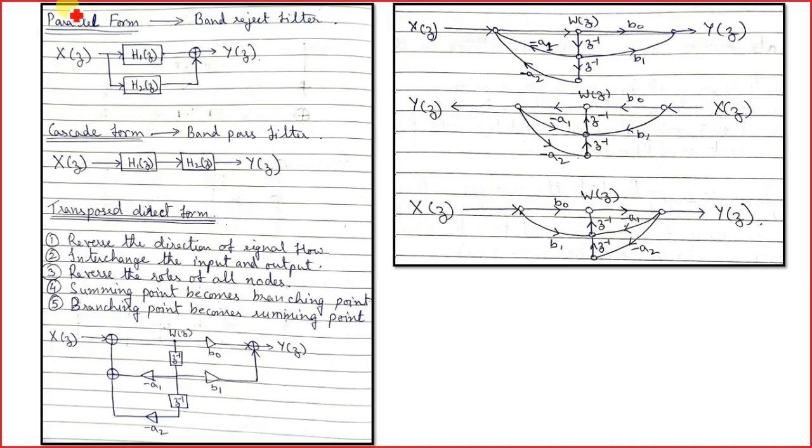Then comes the parallel form realization. In the parallel form realization, you have a band reject filter. So how can you implement the band reject filter?